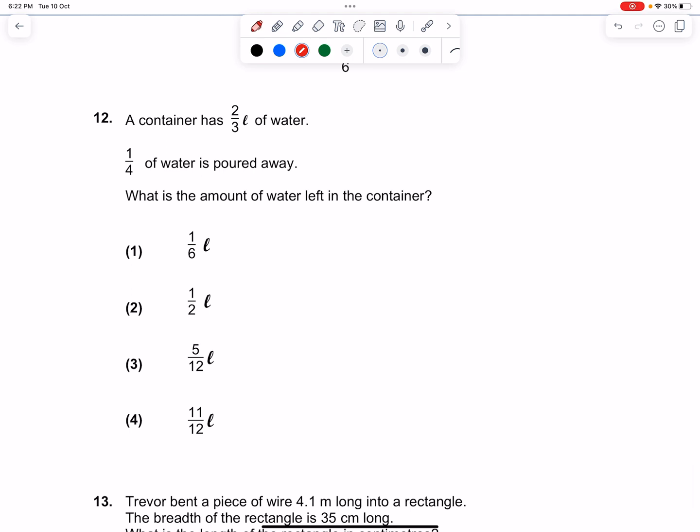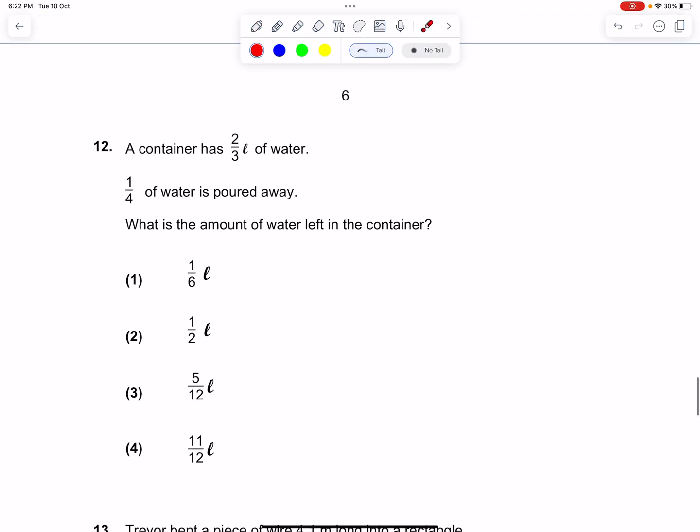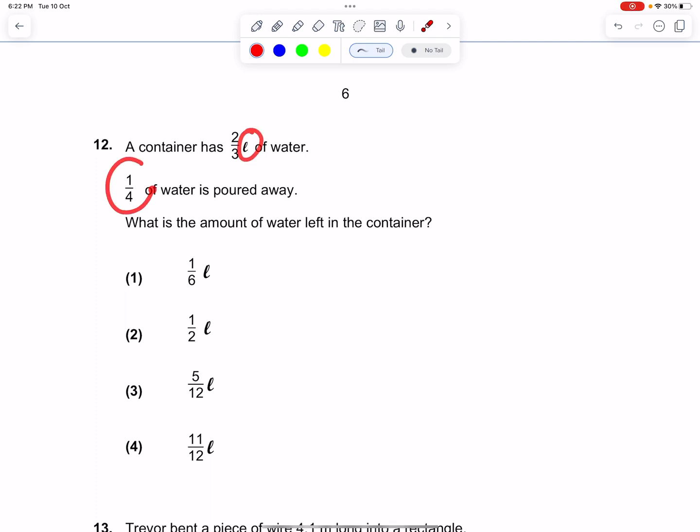Next, a container has 2/3 liter of water. 1/4 of it is poured away. What is the amount of water left in the container? So what you need to understand is that this is in liters and this is a fraction of the water. These two are not the same. Okay, they are not equivalent. What they want to find out is what is left in the container.